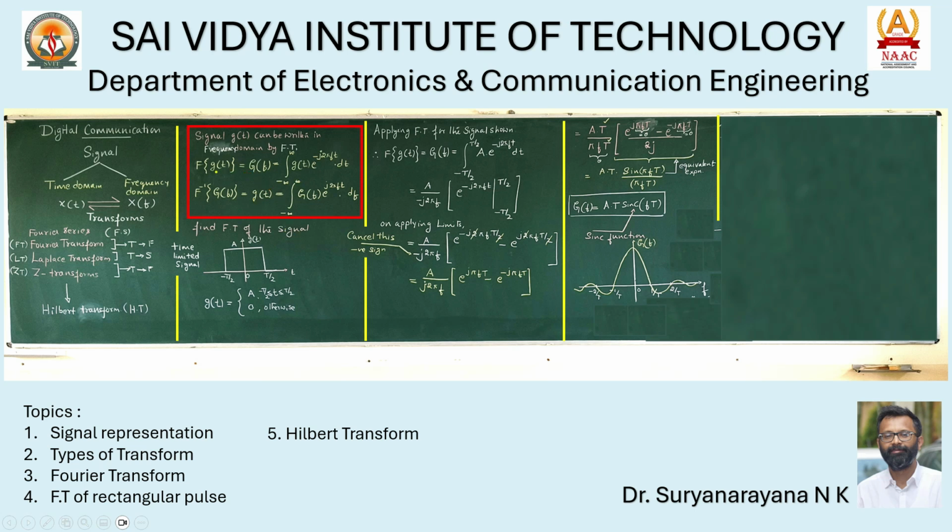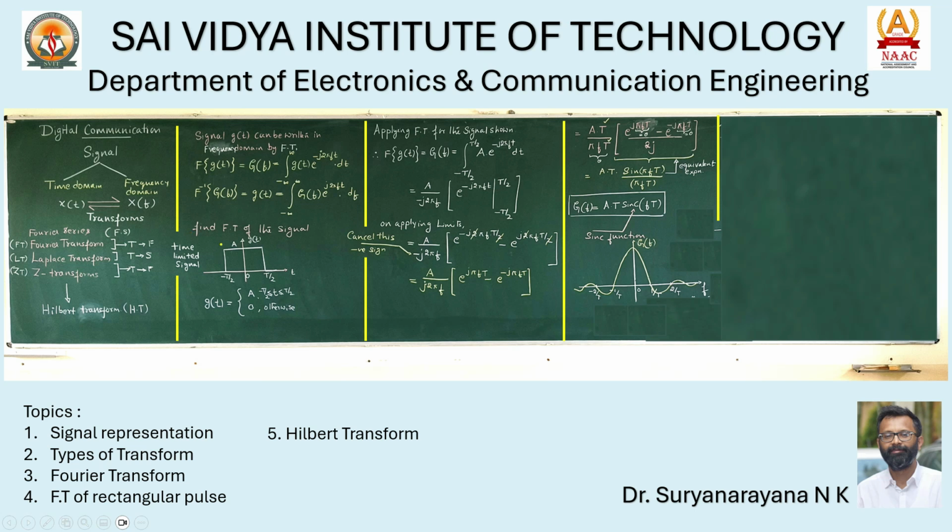A time domain signal is represented in frequency domain by the first equation. If the frequency domain signal is available, then we are able to construct the time domain signal using inverse Fourier transform.